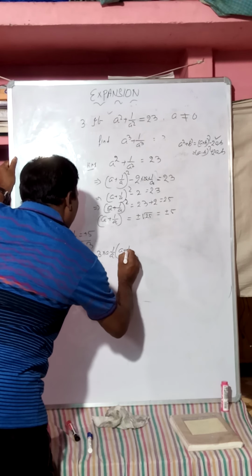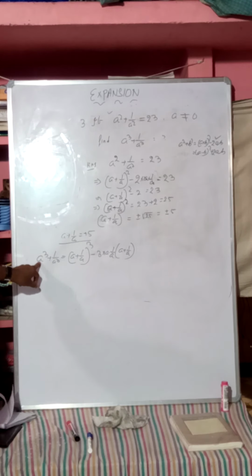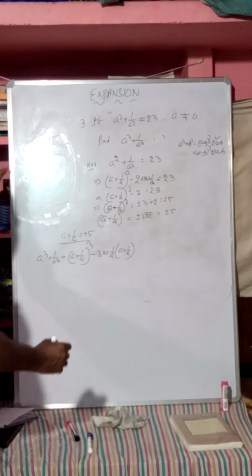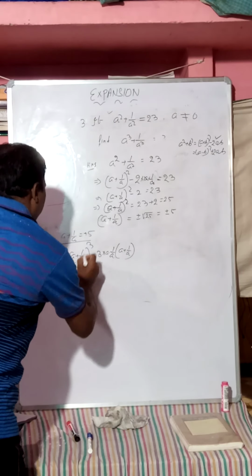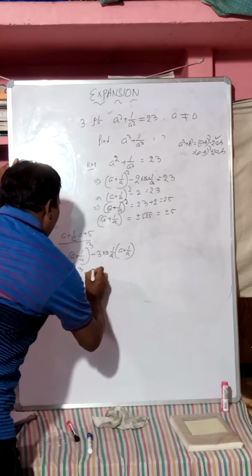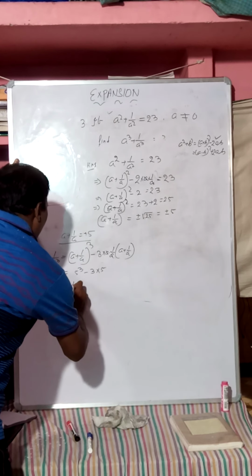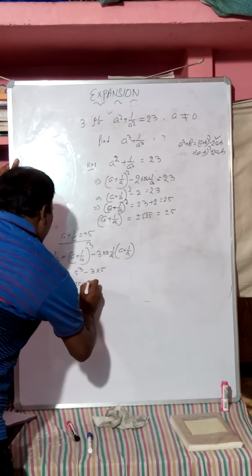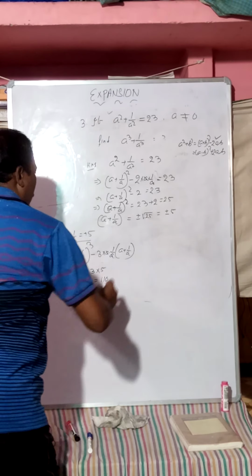Here b is 1 by a, and a plus 1 by a is 5. So 5 cube minus, a cancels, 3 into a plus b, 5. 5 cube is 125 minus 15, that is equal to 110.